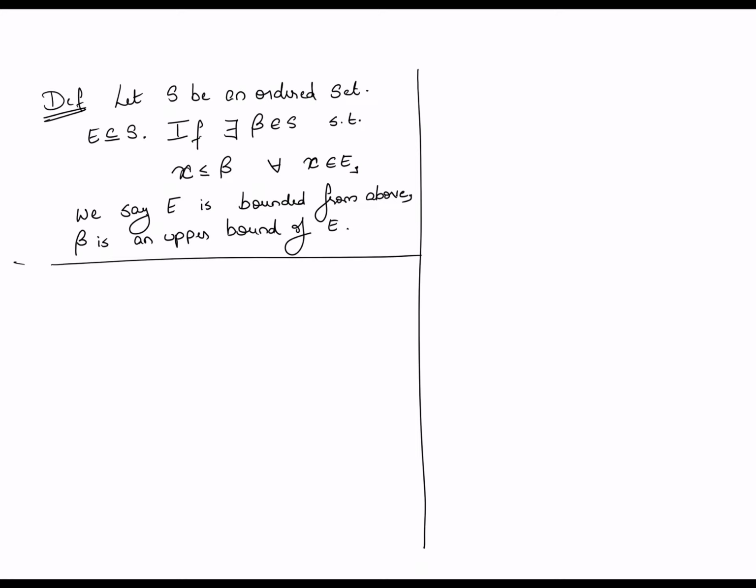Okay, so I'm going to go one step further and define now what is called the least upper bound. So again, S is an ordered set, E is a subset of S. I won't write the S being an ordered set bit. Say E is a subset of S, which is an ordered set. Now, if E is bounded from above.